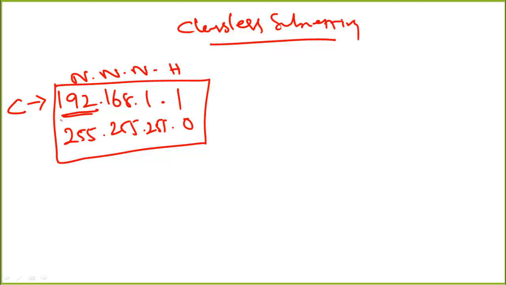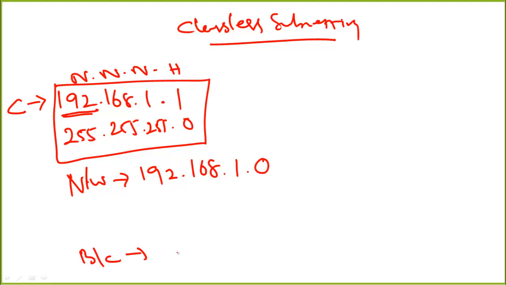Now, I have also shown you how to find out the network address, all those things, right? In the case of 192.168.1.1, the network address would be 192.168.1.0. And what would be the broadcast address? The broadcast address will be the last IP address, that is 192.168.1.255.